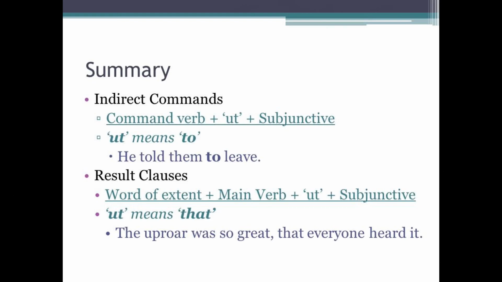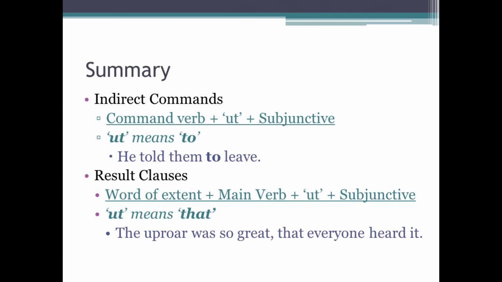So let's summarise. Indirect commands. So an indirect command is formed of a command verb plus ut plus the subjunctive, and ut is translated to mean to. For example, he told them to leave.